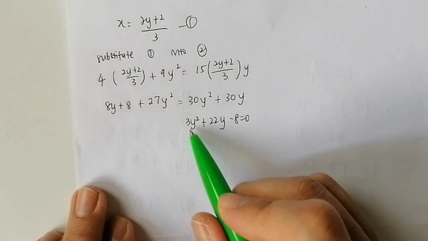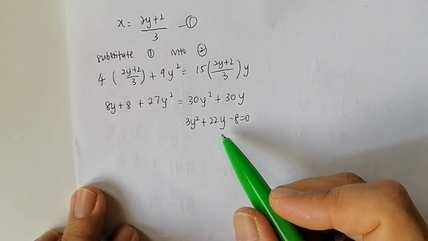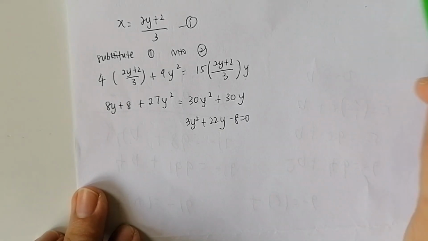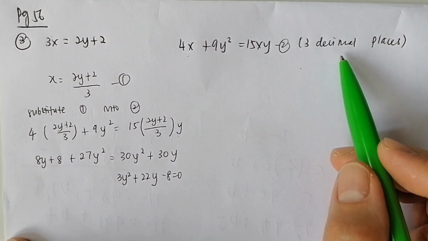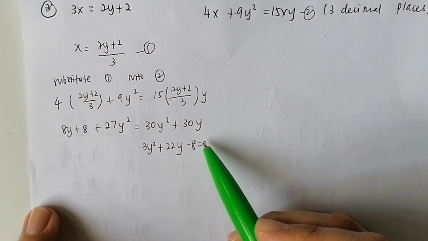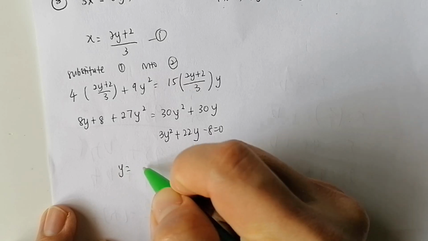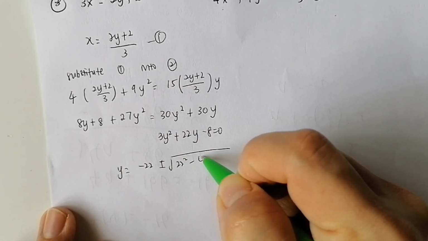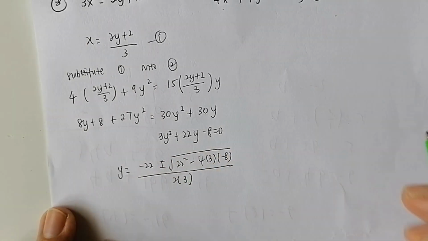When you want to solve the quadratic equation, we can try factorization or the quadratic formula. But once you see the question mentions 3 decimal places or how many significant figures, it is indirectly telling you this question cannot be factorized. So straight away use the formula, minus b plus minus the square root of b squared minus 4ac, divided by 2a.